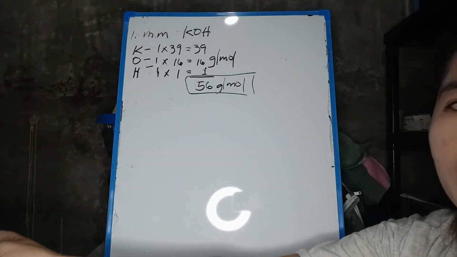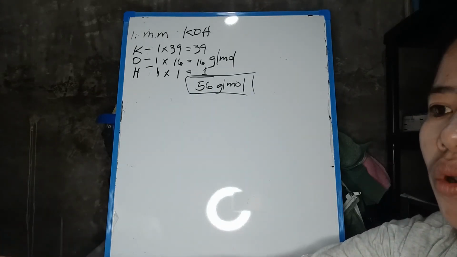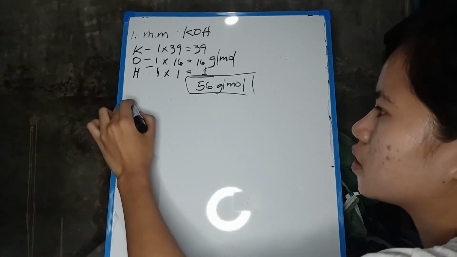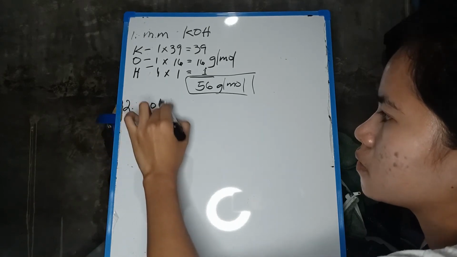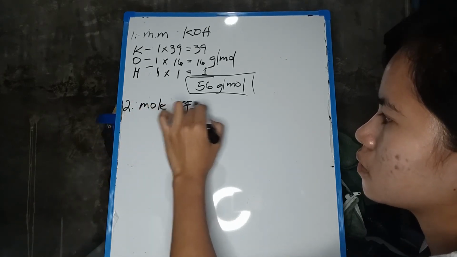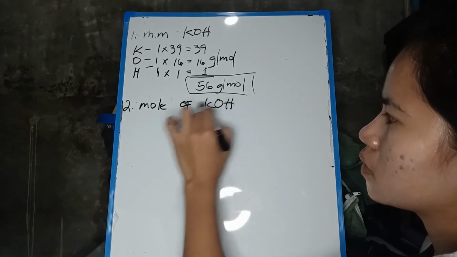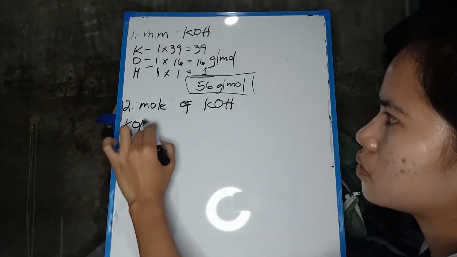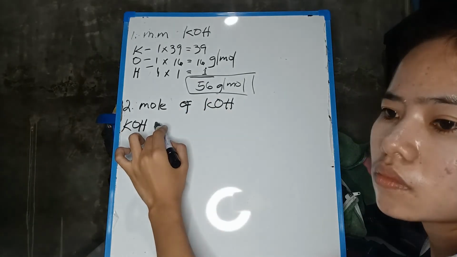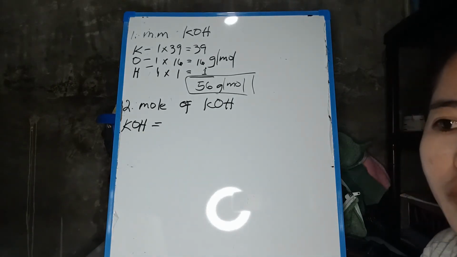So, next one is we're going to determine the mole of a substance. 25 grams.